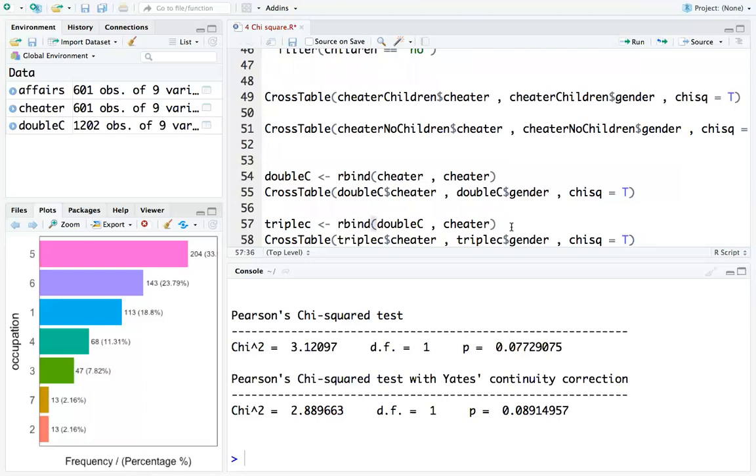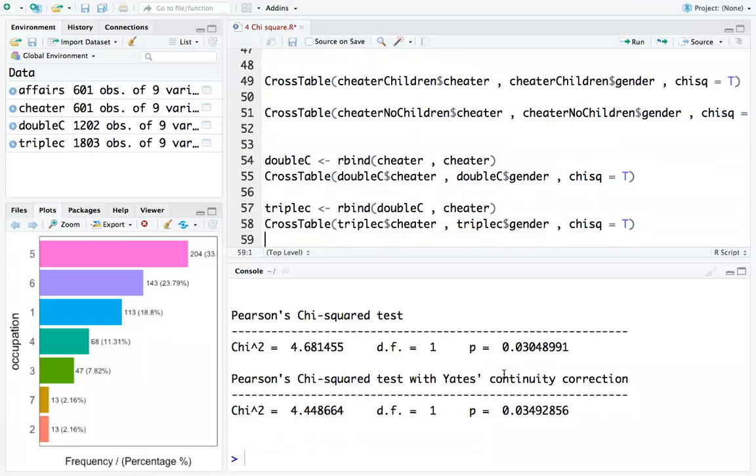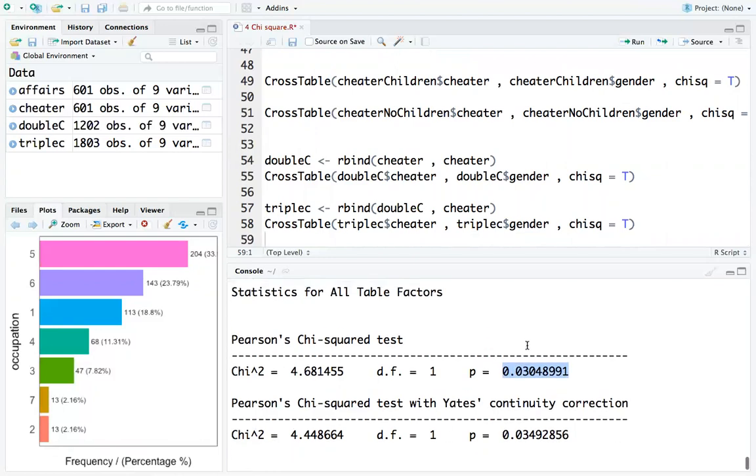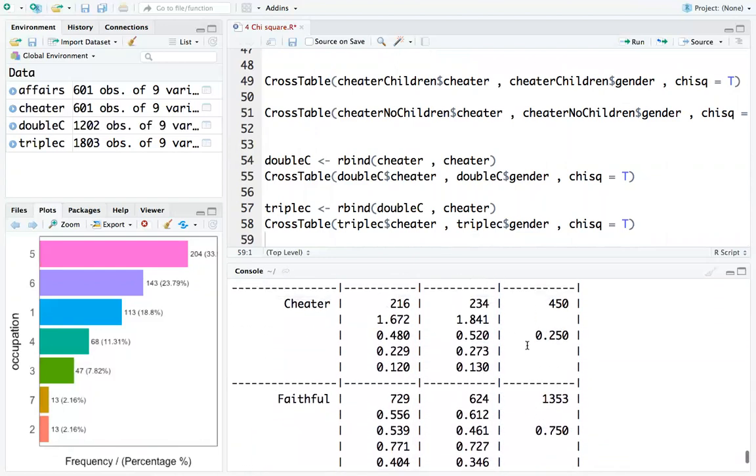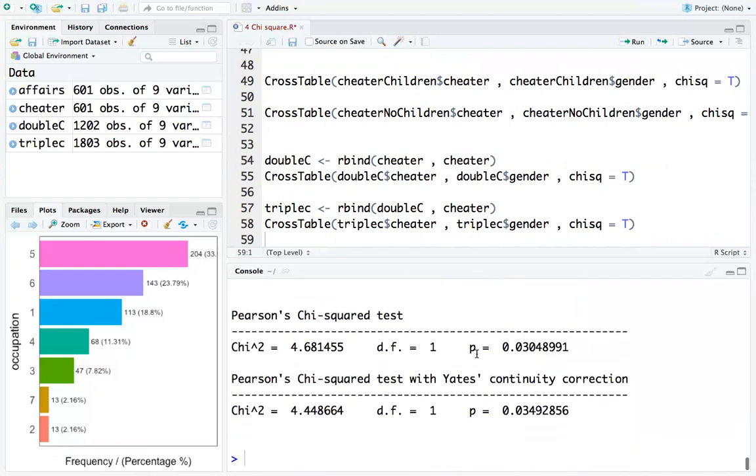So let's run this. Okay, look at my p-value, 0.03. Now it's significant. Look at the proportions, the same exact proportions. I'm just tripling the data, okay? Yet now it's significant.